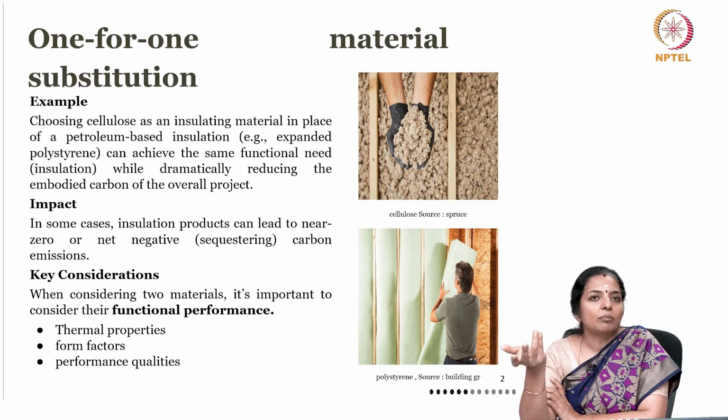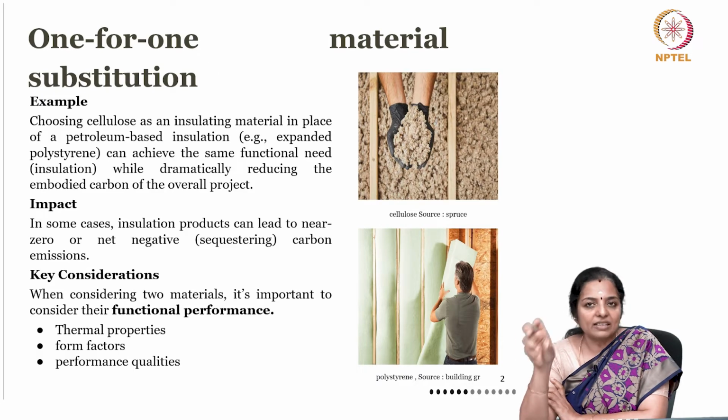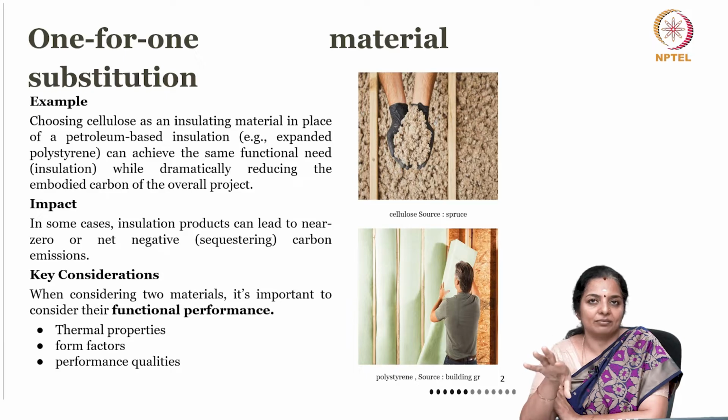Again, another example we can think of is, say, when you choose cellulose as an insulating material instead of petroleum based insulation, like for example expanded polystyrene. Now, you satisfy the same functional need, which is insulation, but you will dramatically reduce the embodied carbon of the overall project.